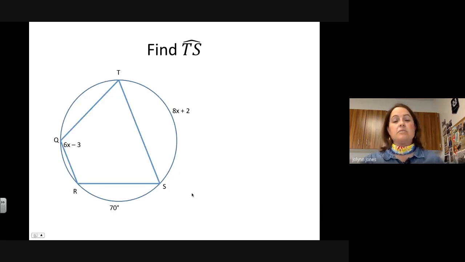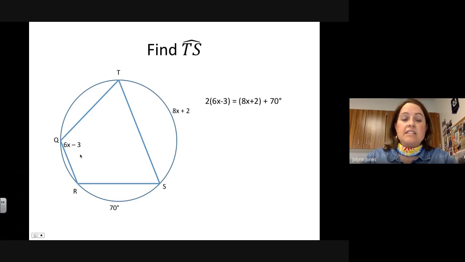All right, so now on this one, we've got a couple of different things. We only have one angle inside our inscribed quadrilateral. But I'm going to look at that intercepted arc. Our intercepted arc is RST, the major arc RST. So if I take this and multiply it by 2, that's going to equal that major arc.